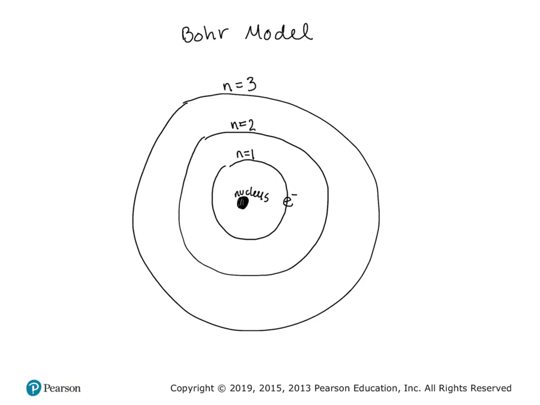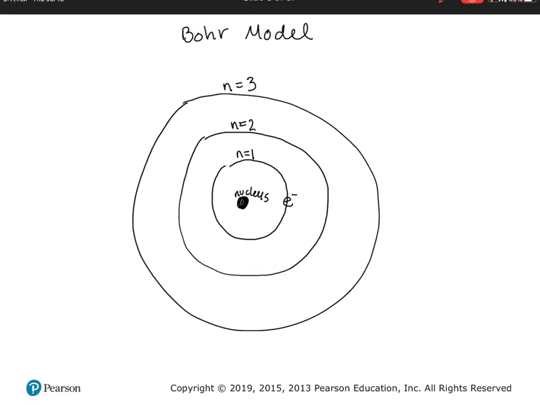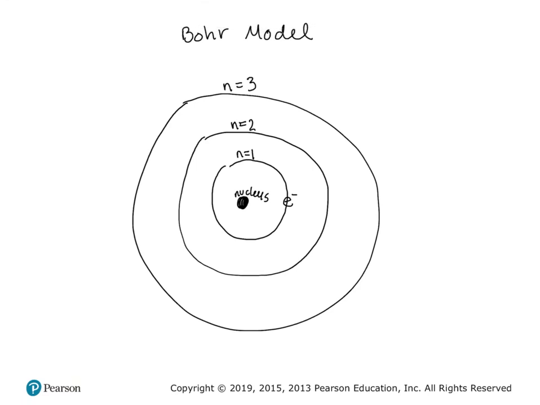Now, let's say we add energy to this atom. So let's say we're heating up this atom. What happens is the electron gains that energy, and it can actually jump to a higher energy level. So maybe it jumps up to energy level 2. Now, when that electron is at a higher energy level, it's actually less stable.